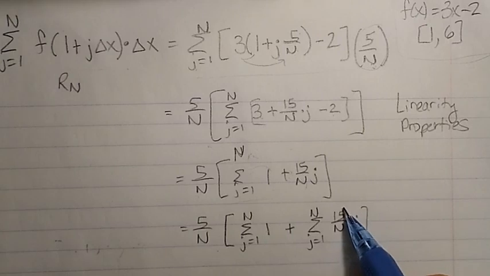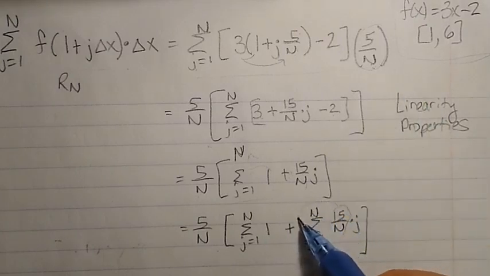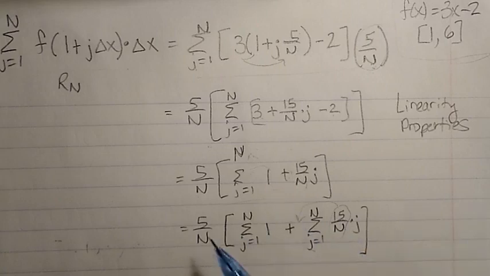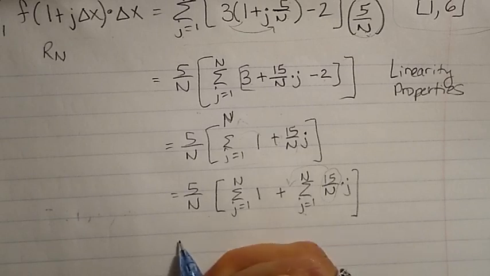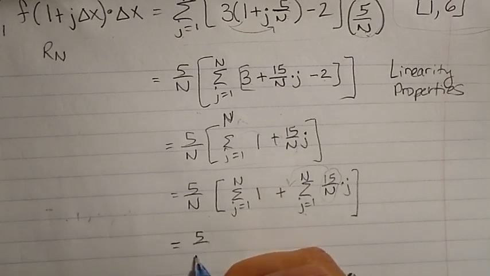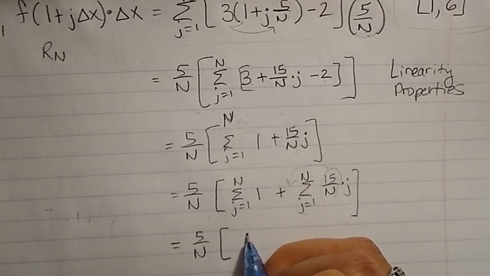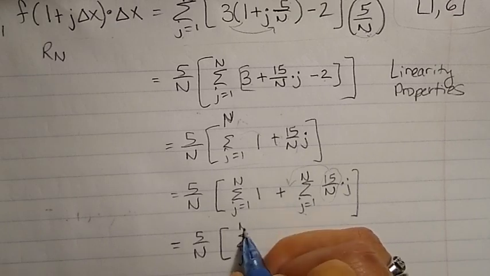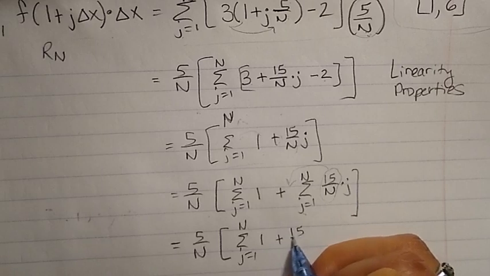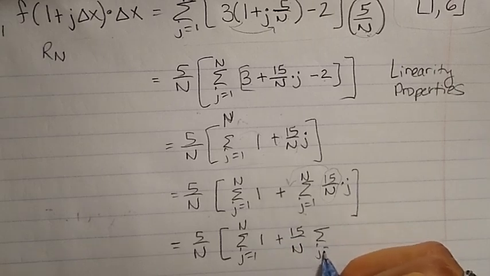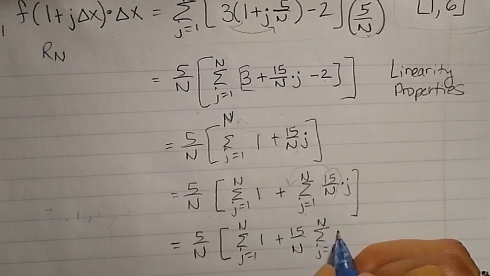Again, using a linearity property, which we technically used up here as well, I can float this term out front because it does not depend on the counter j, giving me 5 over n, sum as j goes from 1 to n of 1, plus 15 over n, sum as j goes from 1 to n of j.